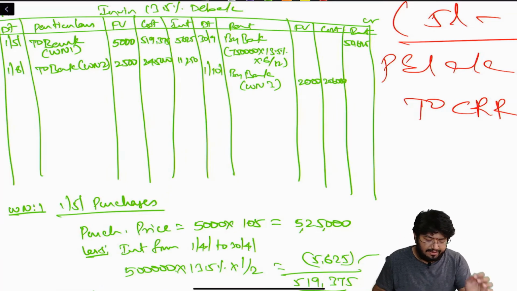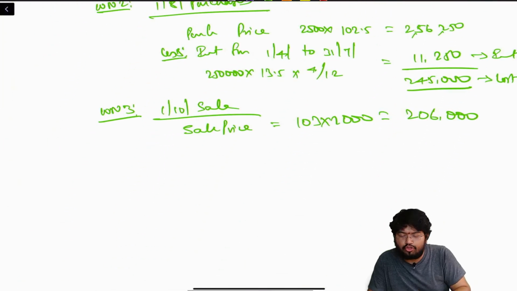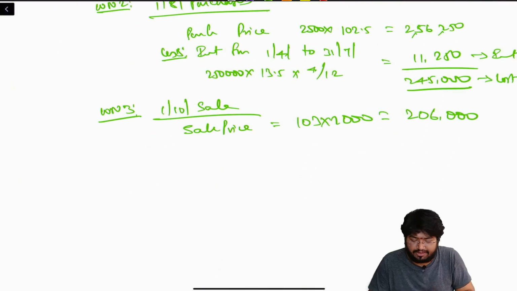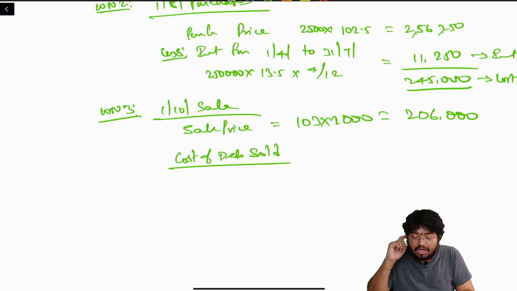Then what other items do you have to do? You will have to see whether you made a profit or loss on this sale. For this he told you to use average cost method. Sale price is 2,06,000. Cost of debentures sold is to be calculated. How do you calculate?